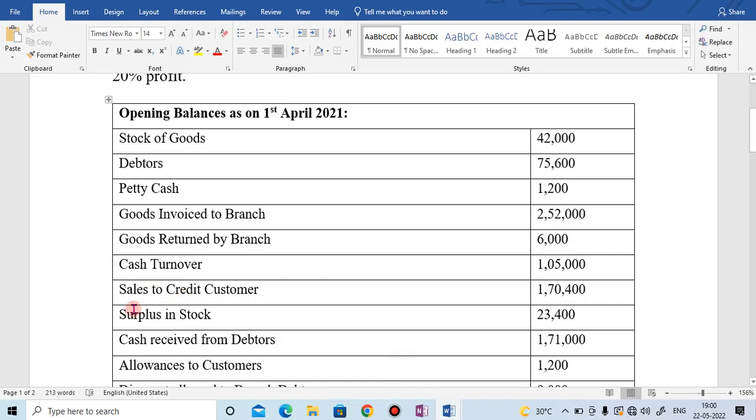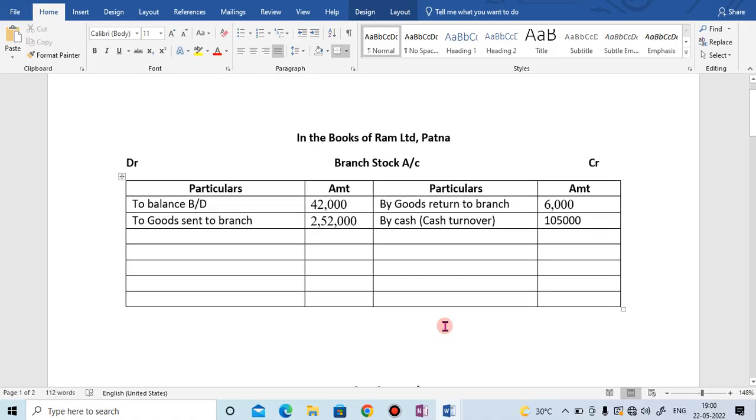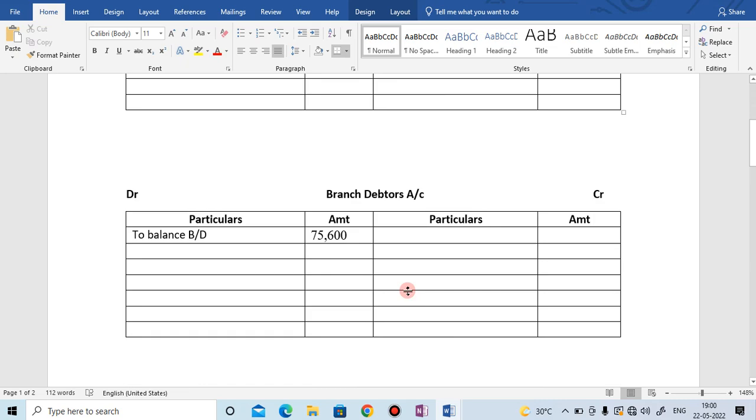After cash turnover, next entry is sales to credit customer. Sales to credit customer means this sale is done on credit sale. Amount is 1,70,400. So this will come in branch stock account, as well as the second effect will come in branch debtors account.